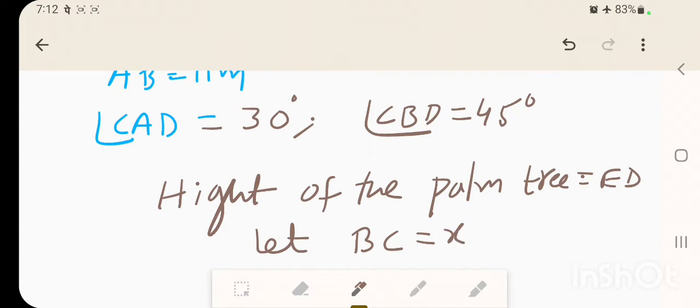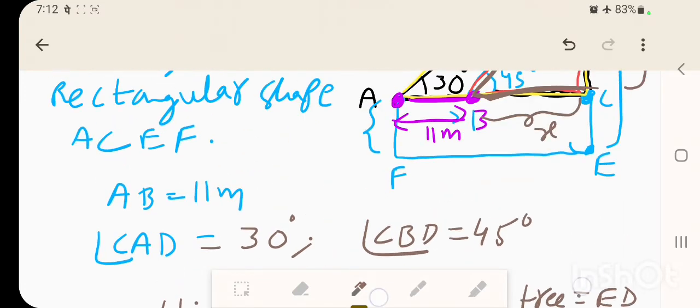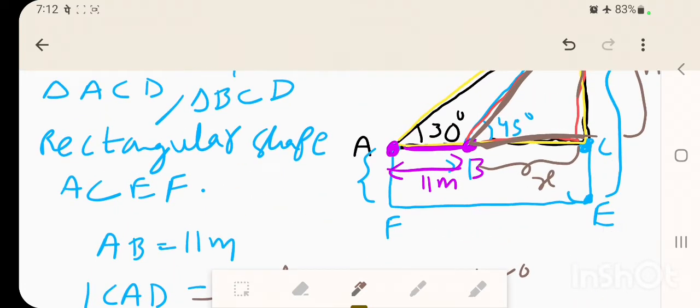Since they have given 11 meters, this X also you have to take in meters.